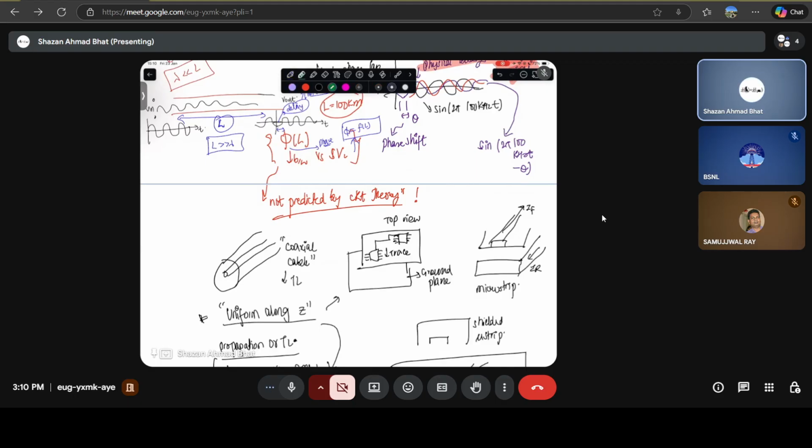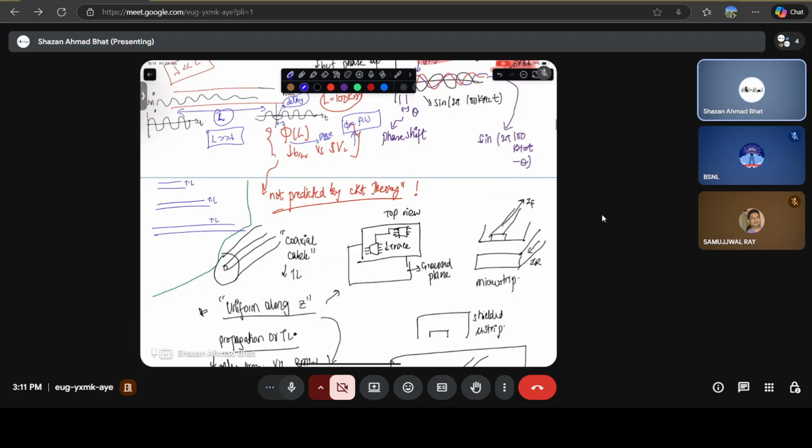You can, for example, have a transmission line like this, another one like this, another one like this, and if you give the input as sinusoidal waves, you are going to expect certain delays, phase shifts, associated at the output.